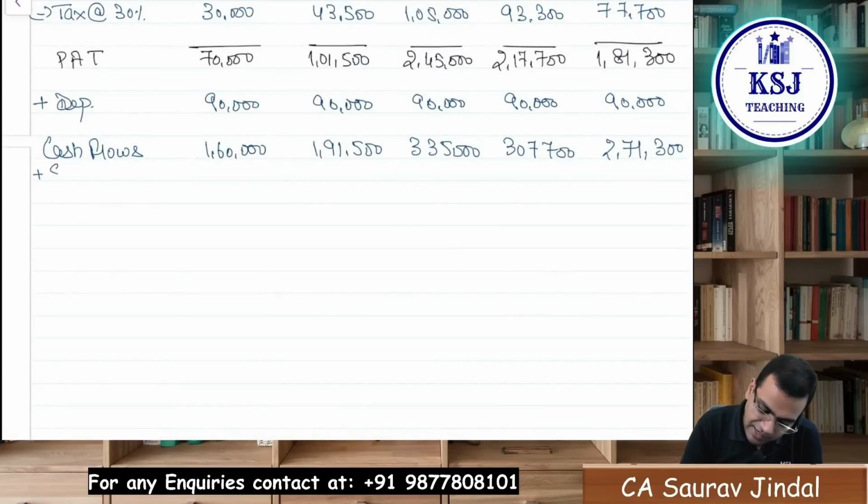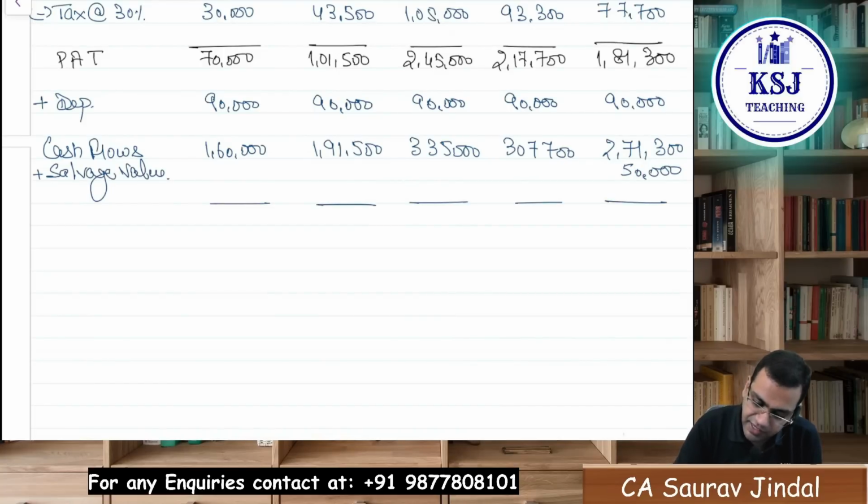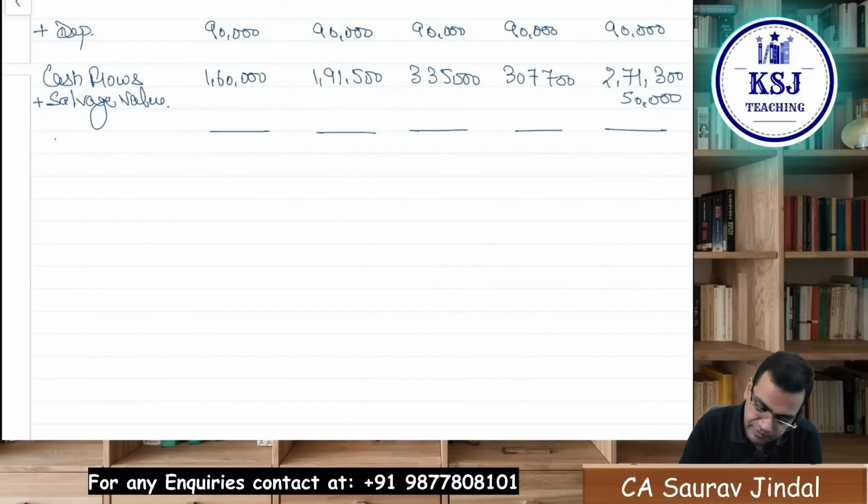So I will add here salvage value of 50,000 rupees. From here, what I will get is the final CFAT. That is, it will be 1,60,000 only here, 1,91,500, 3,35,000, no change here also.